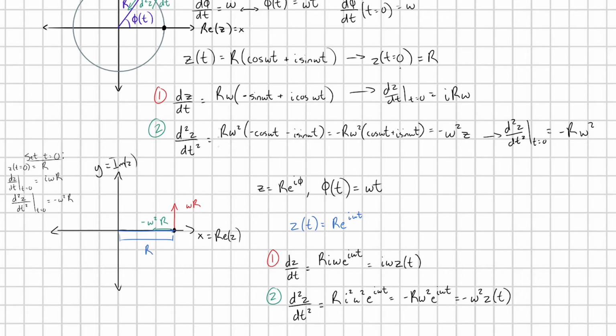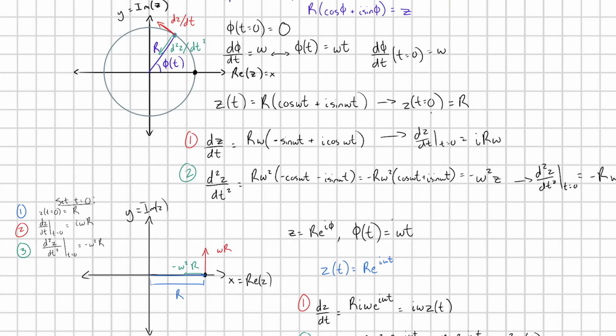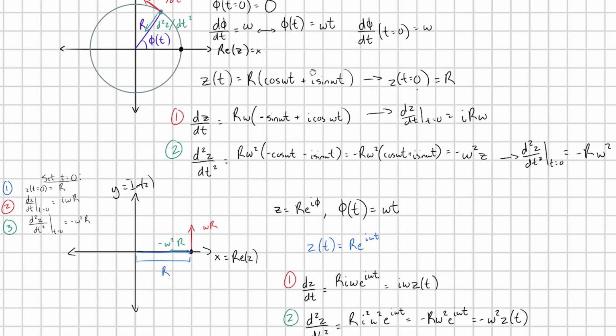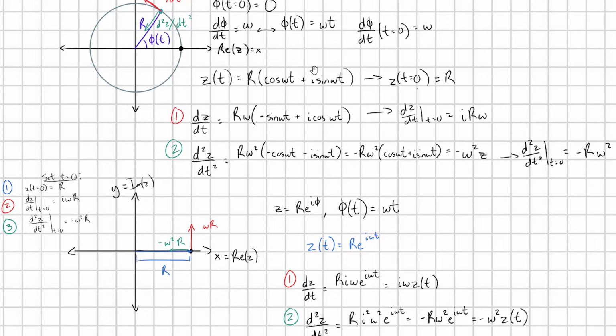In other words, if we claim that we can write out the position of my particle in this form, r e to the i omega t, and in the form r cosine omega t plus i sine omega t, it turns out, very coincidentally, and I'm saying this kind of sarcastically because it's not just coincidence, we're proving a very important fact here: the initial position, the initial velocity, and my initial acceleration at t equals 0 all point in the exact same direction.